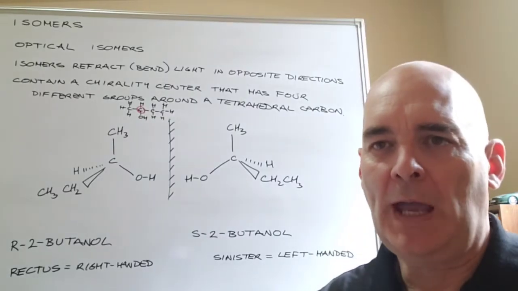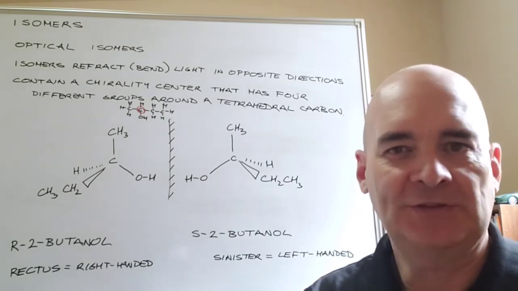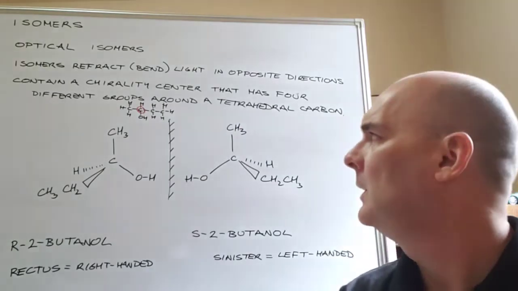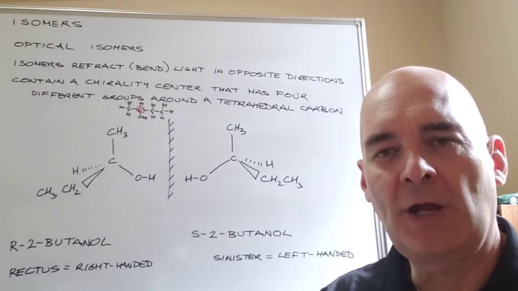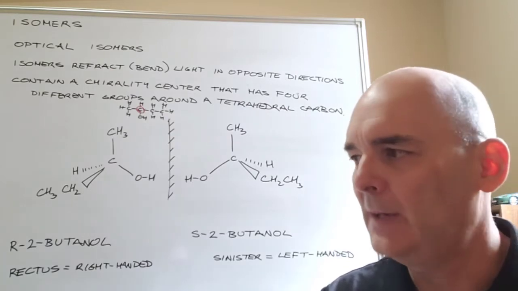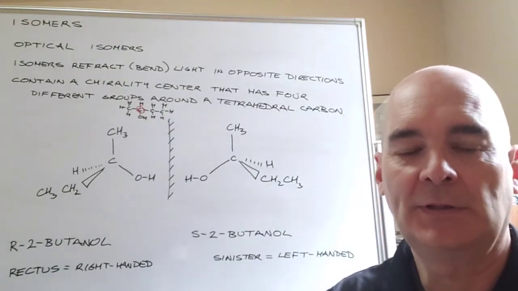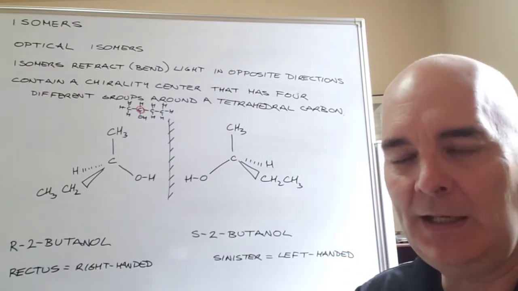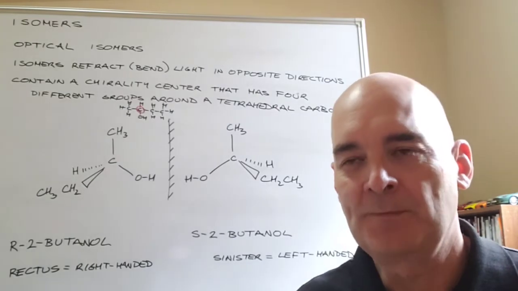Lastly, we'll look at optical isomers. Optical isomers are a special type of molecule that bend plane polarized light either to the left or to the right. You might be aware that water refracts light. If you put a stick into a pond, you'll see that stick bend.